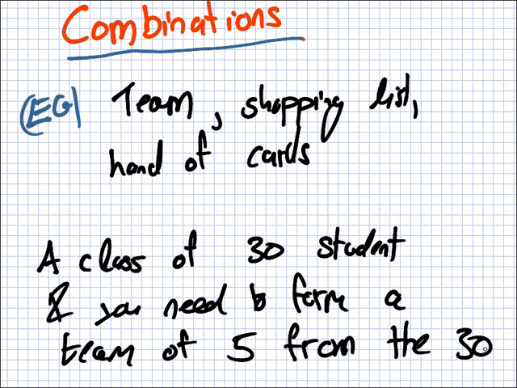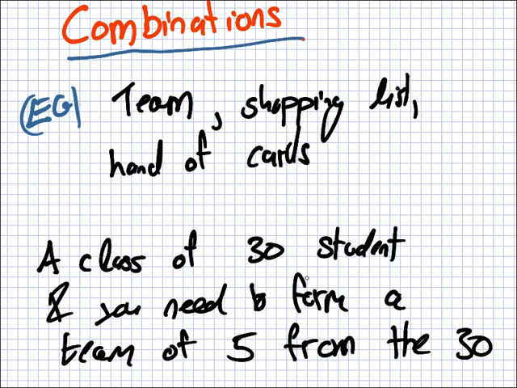So this would be a typical kind of exam question. It's a possibility of 30, and you have to take 5 people out to make a team, whatever the team is. So obviously this one here is without replacement. You can't just pick the same person 5 times. You have to pick out 5 different people here.